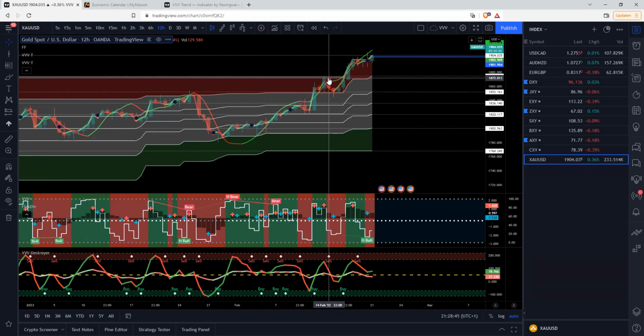I also said this is about to break, and let's go to the highest point, the all-time high actually, but there are a few zones before, so there is a support now. 1,873 was a resistance, and now it has turned into the support zone. Right now we see a bullish divergence.